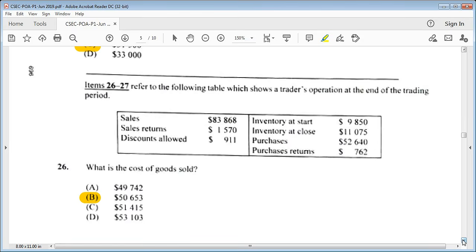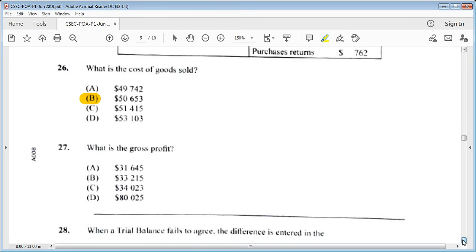Let's go on to 27. What is the gross profit? A, 31,645. B, 33,215. C, $34,023, or D, $80,025. So our cost of goods sold was $50,653.